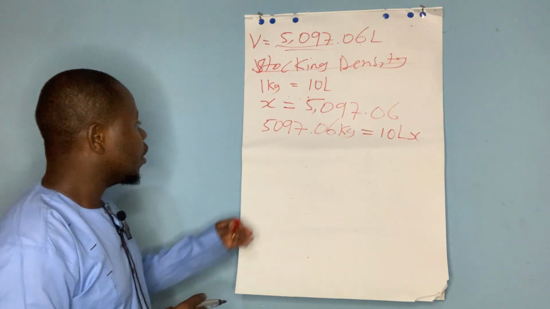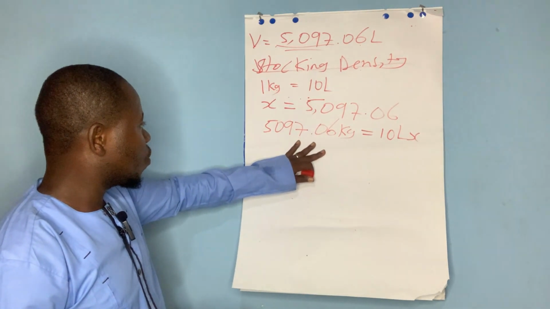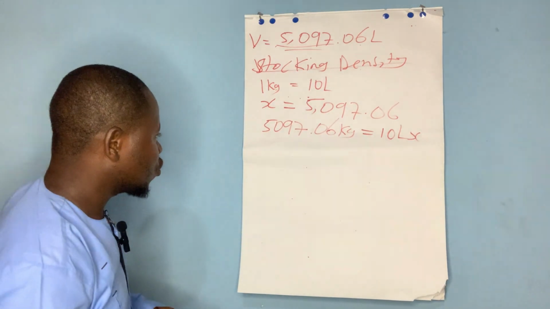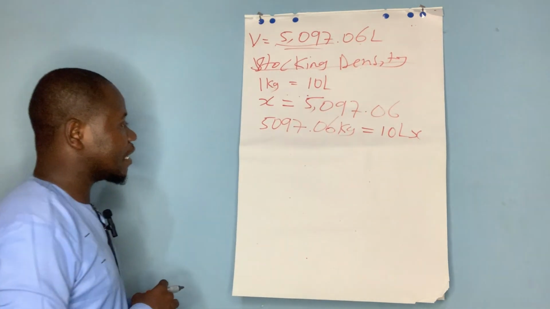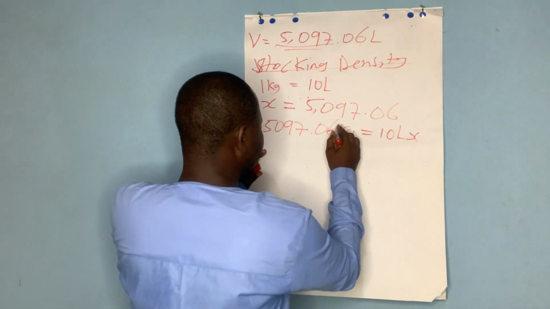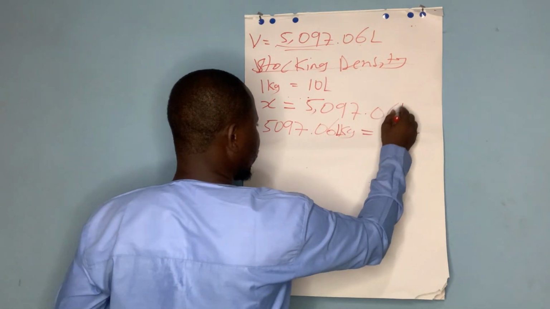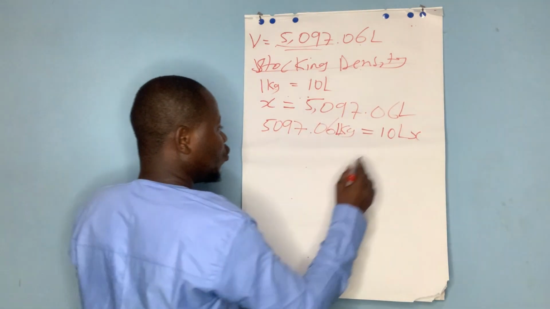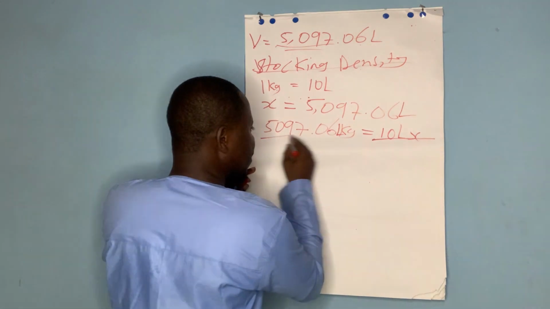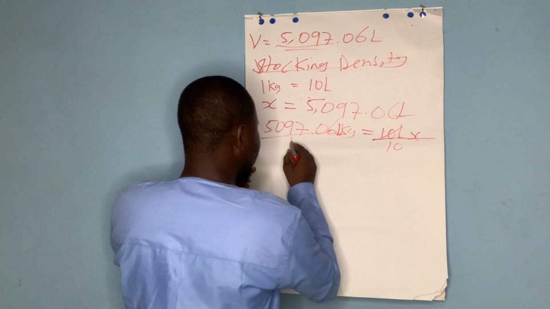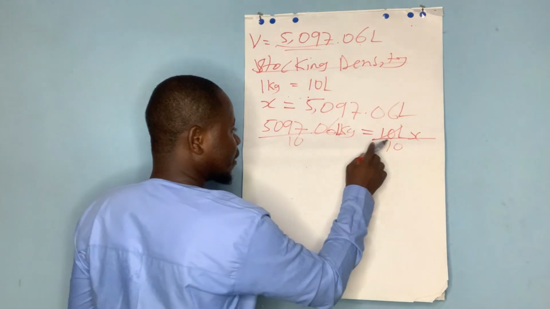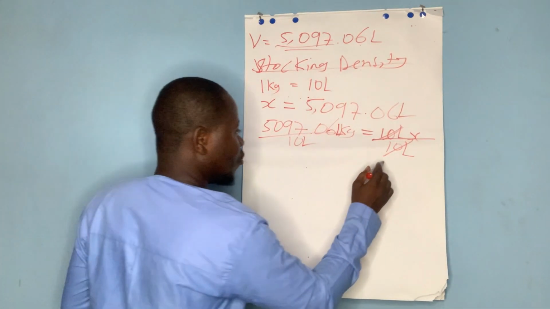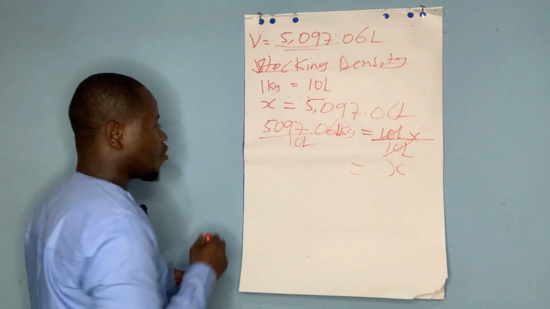So we now want to know our stocking density. To get x, we need x to stand alone. So to get our x, we need to divide both sides by 10 liters. You see, that 10 liters will cancel the 10 liters here. And we now have our x is equal to, let's take our calculator.